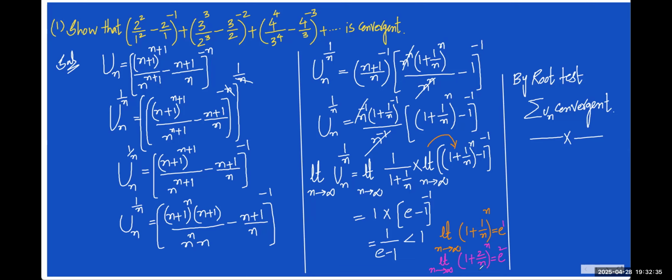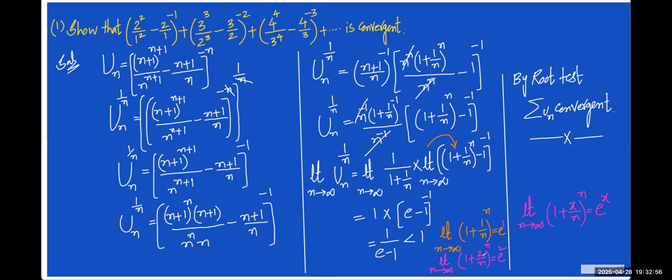If I wrote 1 plus 3 by n whole to the power of n, your answer is e power 3. Similarly, one more way to write this formula is limit n tends to infinity 1 plus x by n whole to the power of n will give you the answer e power x. I hope you understand now.